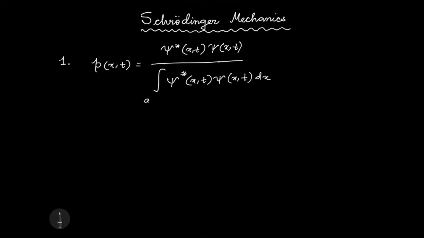And this is integrated over all space, all x in this case. Remember that we are doing one position dimensional quantum mechanics with only one particle for the time being at least.